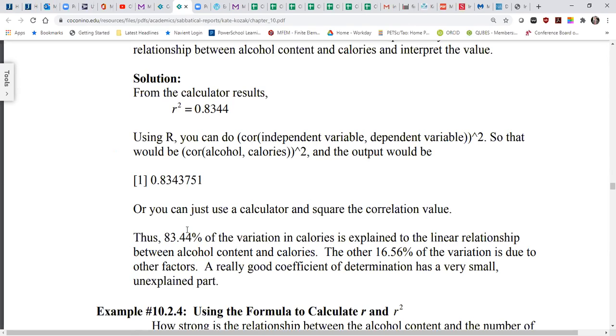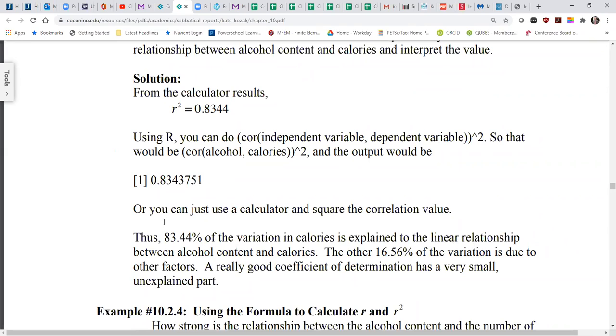So you can see here 53.44% of the variation in calories is explained by the linear relationship between alcohol content and calories. And the other 46.56% of the variation is due to other factors.